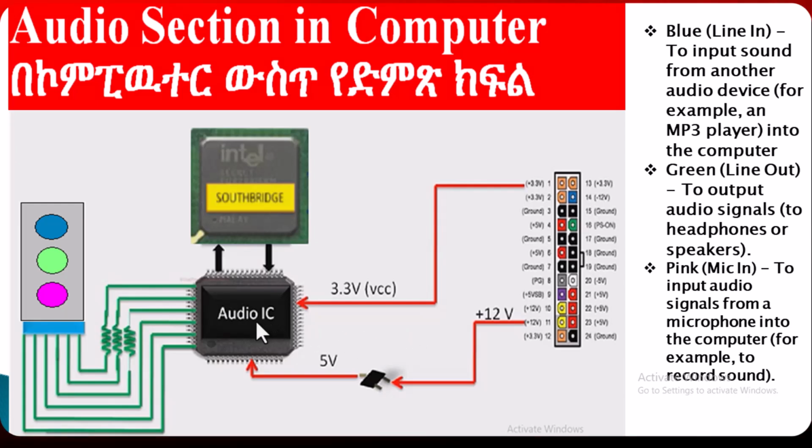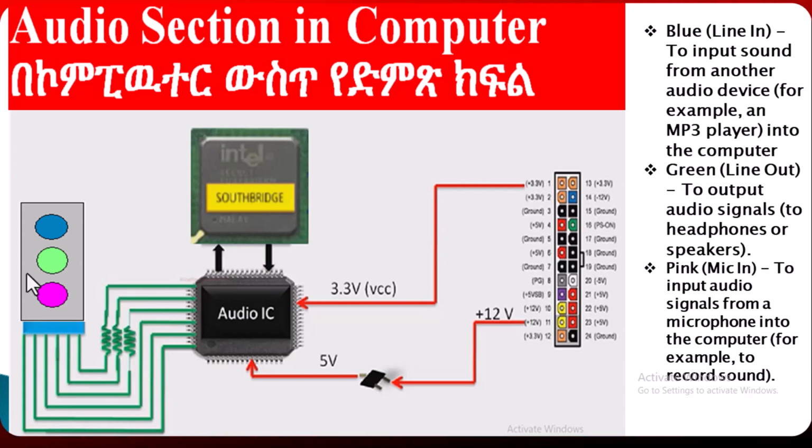This audio signal is very important. This changes the digital signal to an analog signal and sends it to the port of your computer. Did you see here? Look over here. This blue line is to input sound from another audio device, for example, an MP3 player, into the computer.